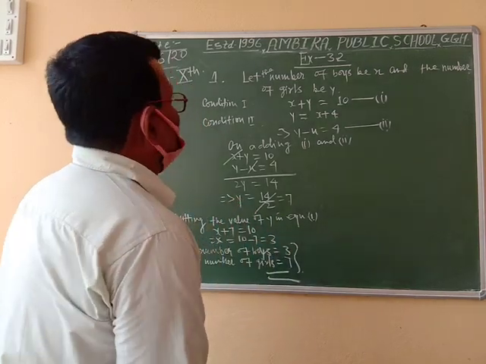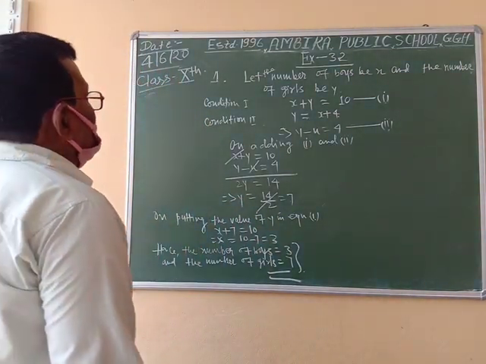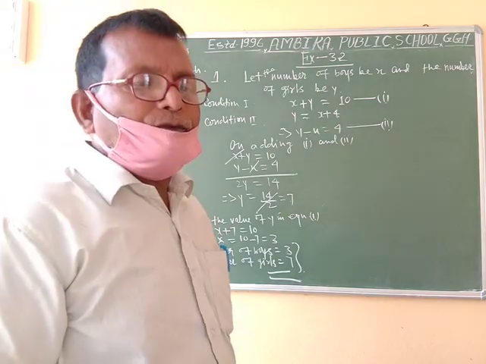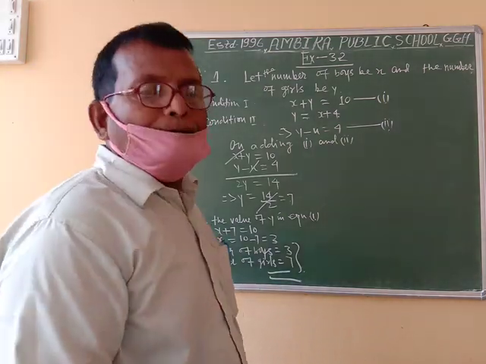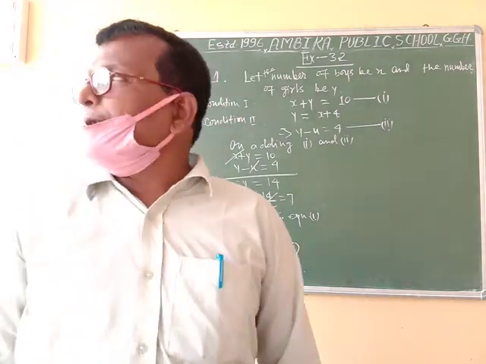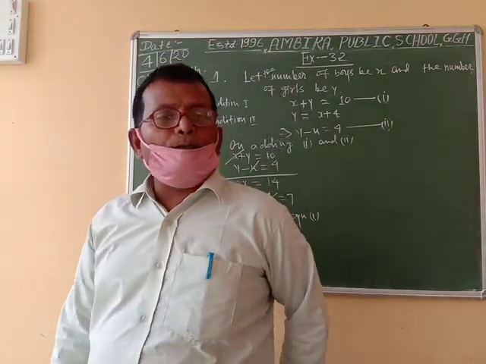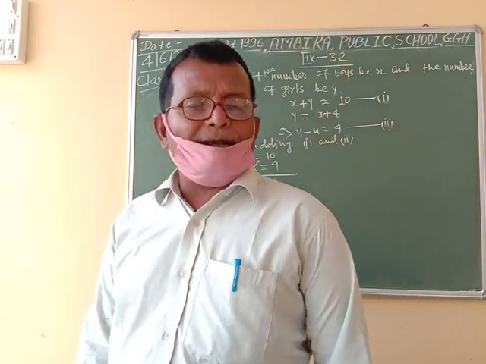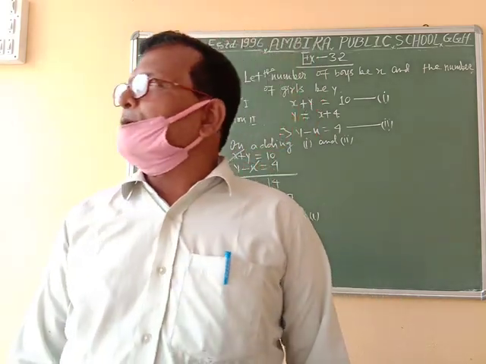Again I clear. In question number 1, 10 students of class 10 took part in a mathematics quiz. If the number of girls is 4 more than the number of boys, find the number of boys and girls who took part in the quiz.